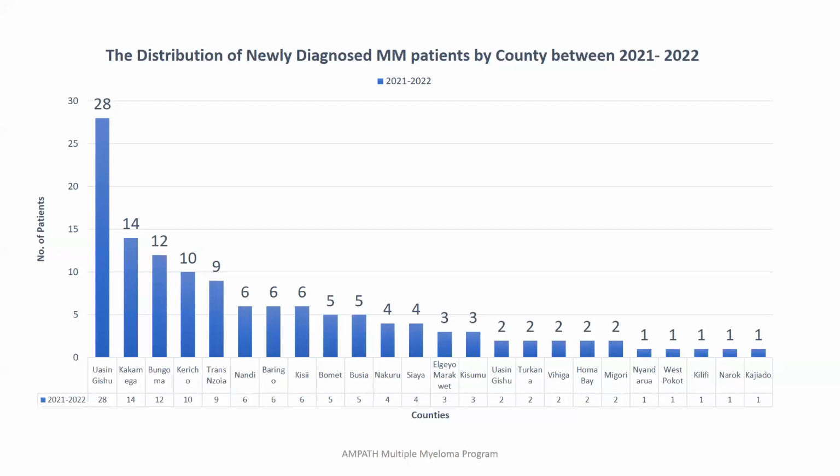Actually, you could as well just translate this number for Uasin Gishu County in all these other counties that you can see here, and it will probably be the same number. And we are talking about these counties referring to us, still this could mean that there are many patients actually who we are not picking.